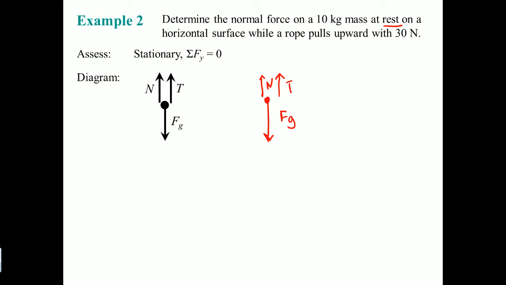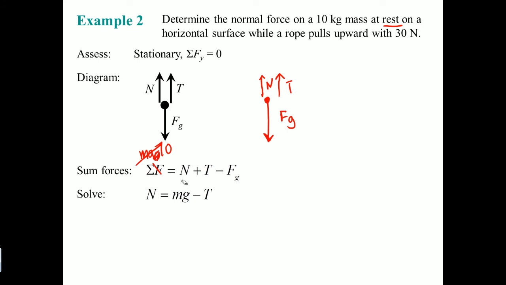On the free response, the AP College Board is very picky about this. So if you do the summation of the forces here, it is N goes up plus T goes up minus FG. The summation equals ma, which goes to 0 because the object is at rest. Now we do the algebra.